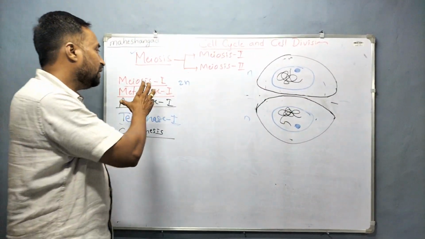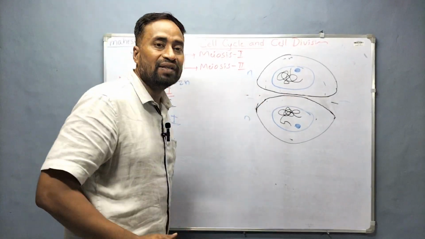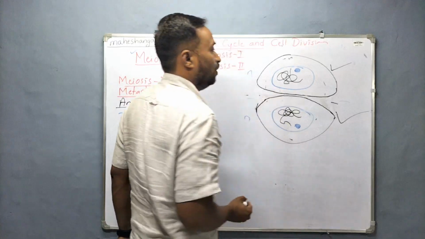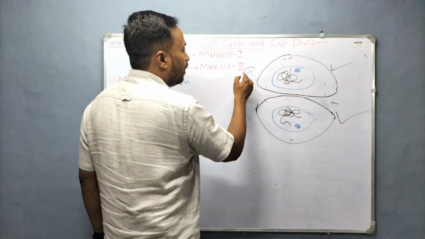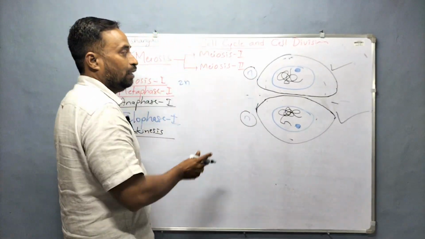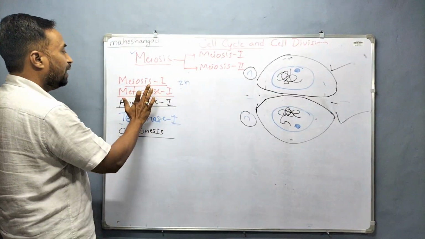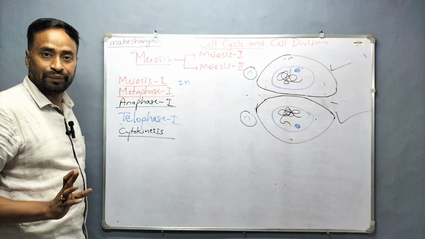Now tell me, by the end of meiosis 1, how many daughter cells are formed? See here, 2 daughter cells are formed. What is the ploidy? They are haploid in nature. Two haploid daughter cells are formed by the end of meiosis 1.